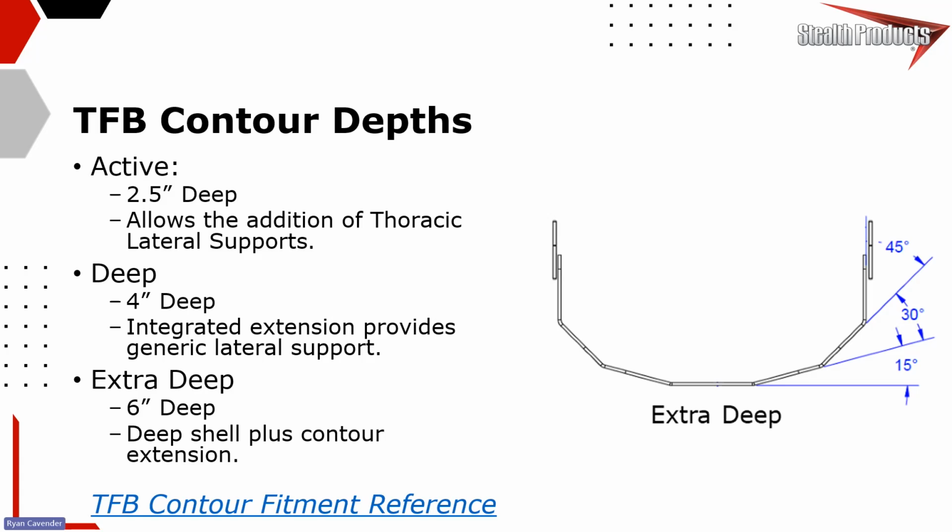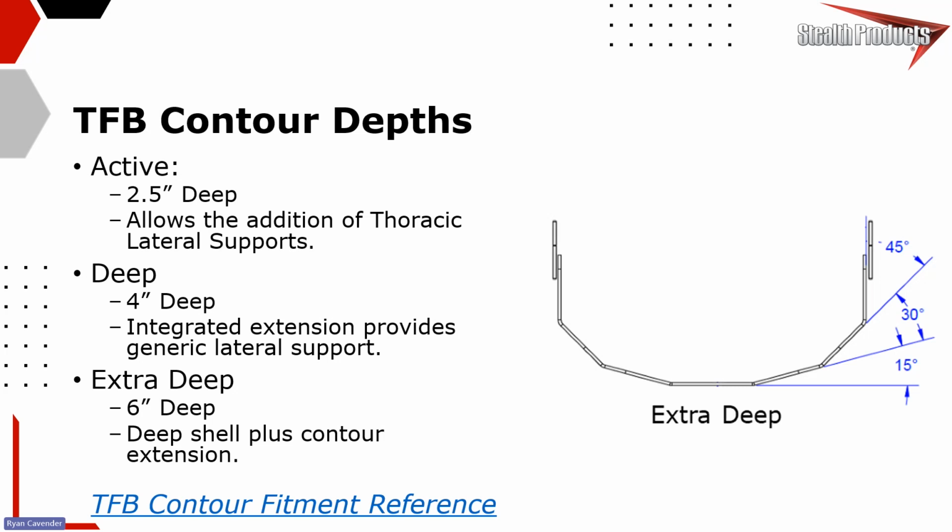Now, your last one is the extra deep. It's 6 inches of total depth. This is going to provide a little bit more of that generic lateral stability than the previous deep contour. With this, we add an extension to the deep contour. So neither this extra deep or the deep will support the addition of thoracic lateral hardware.